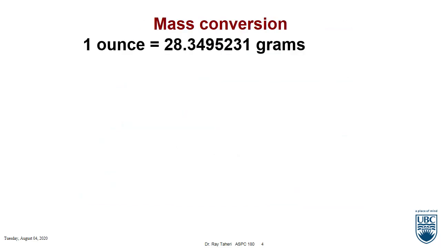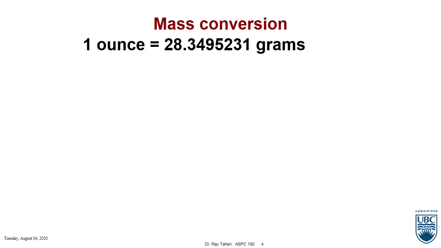Let's start with some basic conversions. 1 ounce, again in the foot-pound system, is 28.34 grams. When we are on this topic, we also have the troy ounce, which is often used for precious metals, and that is very different: 31.1 grams.